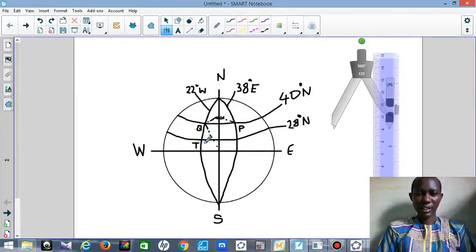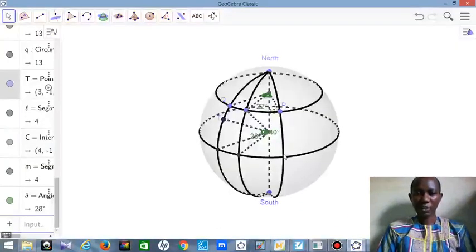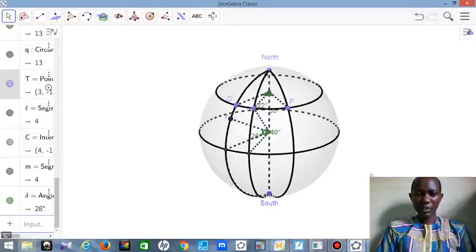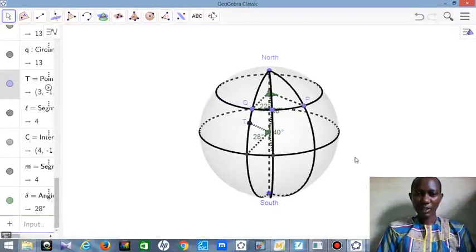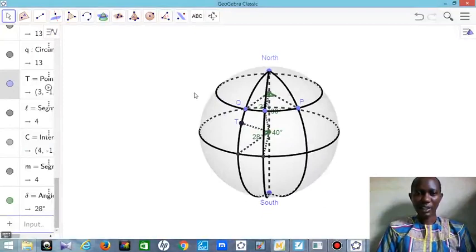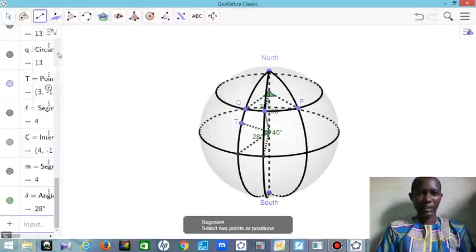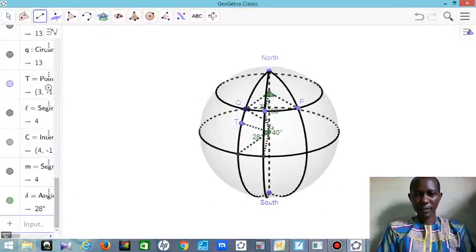Then T is like this to the center of the earth. Then this is the angle between Q and T. That is what I'm trying to show you with this solid shape. So the angle between Q and T, you can see it is this angle.